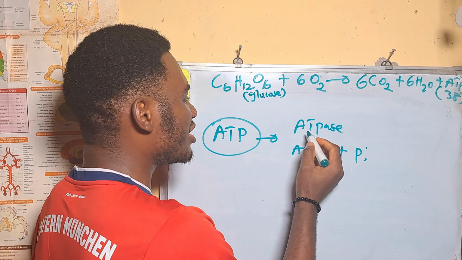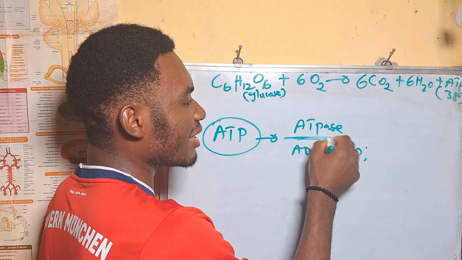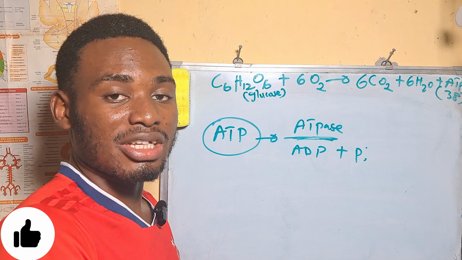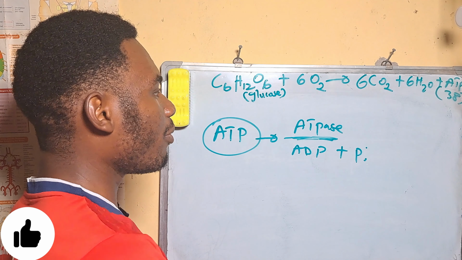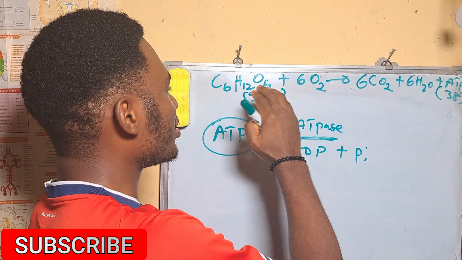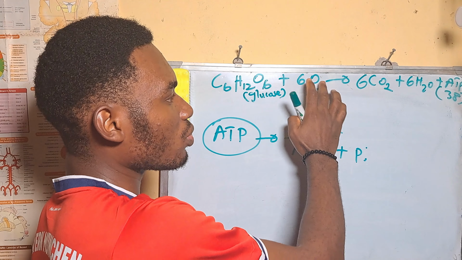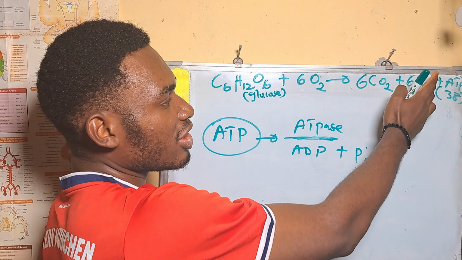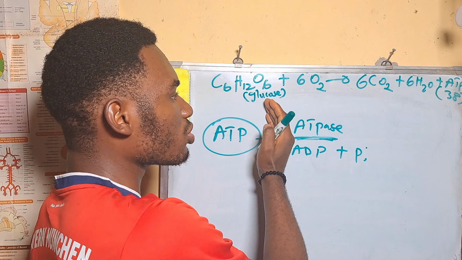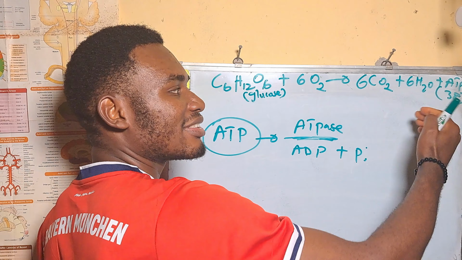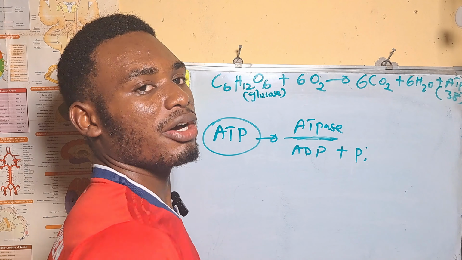Once the ATP is degraded by ATPase, it provides energy for the body cells to carry out their functions. So by forming this ATP, our equation of respiration is now complete, which is C6H12O6 plus 6O2, which gives us 6CO2 plus 6H2O plus ATP. That's glucose plus oxygen giving carbon dioxide plus water plus 38 ATP if it's aerobic respiration.